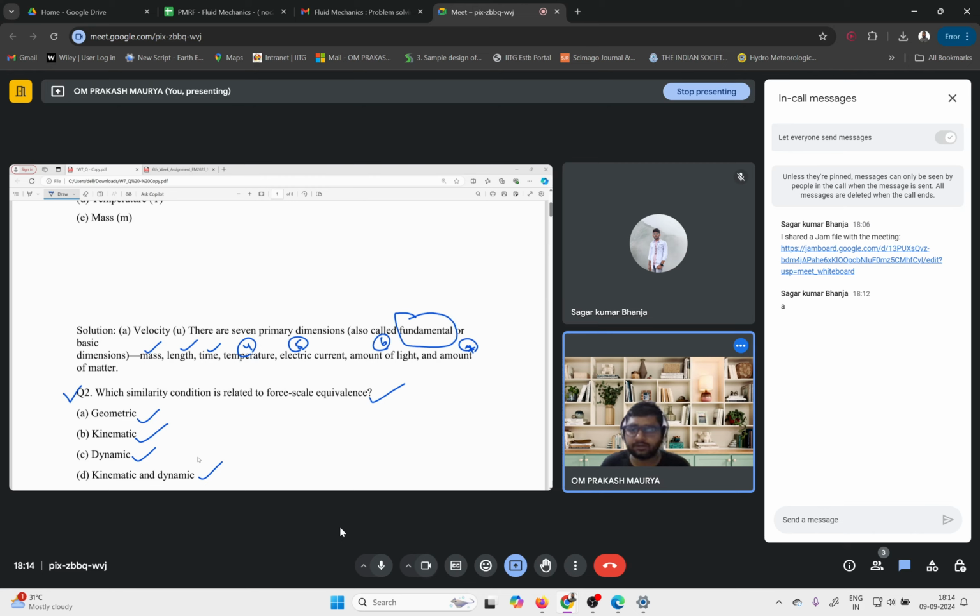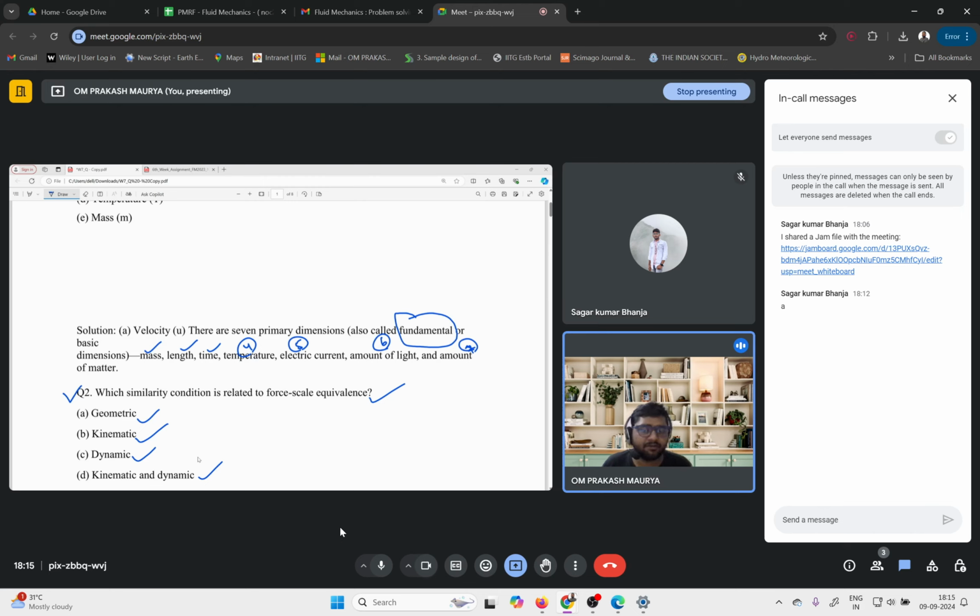Here, actually the question is asking about the force scale equivalence. So basically for dimensional analysis, when you make a model for a particular prototype, you need to maintain the geometric, kinematic, dynamic similarities. So the question is asking about the similarity condition related to force scale. We need to make the similarity between length parameter, kinematic parameter, dynamic parameter.